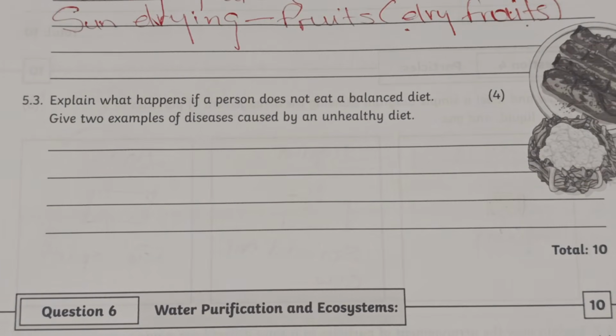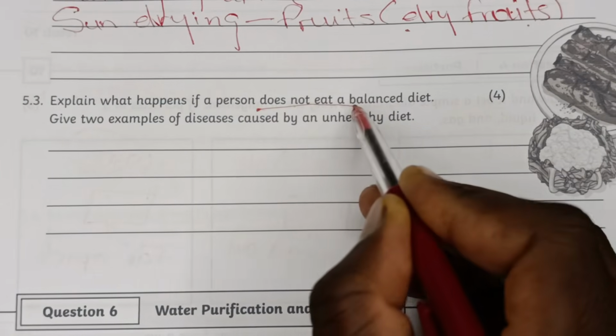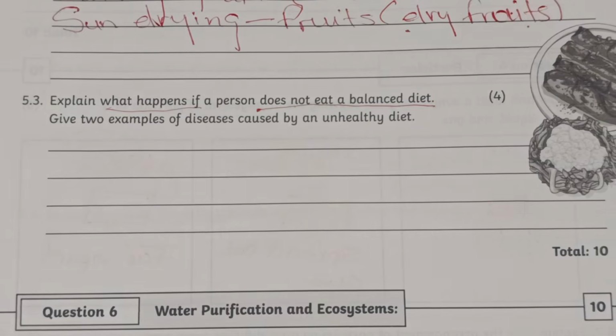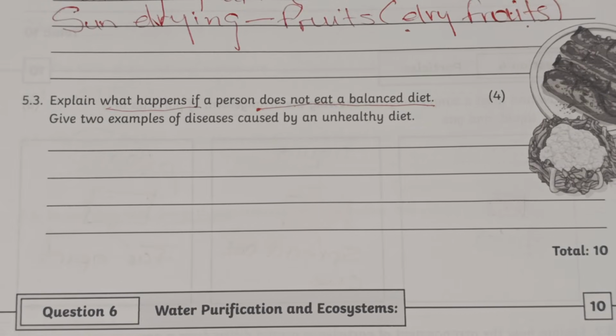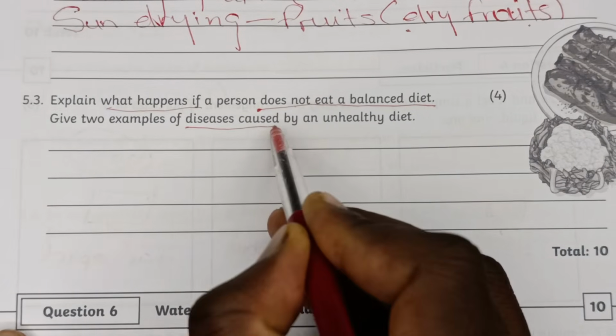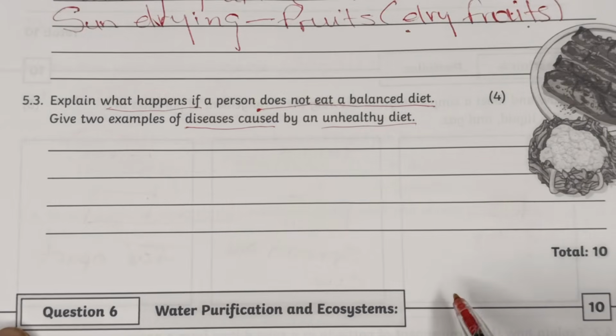5.3. Question 5.3 says, explain what happens if a person does not eat a balanced diet. They also want examples of diseases caused by an unhealthy diet.